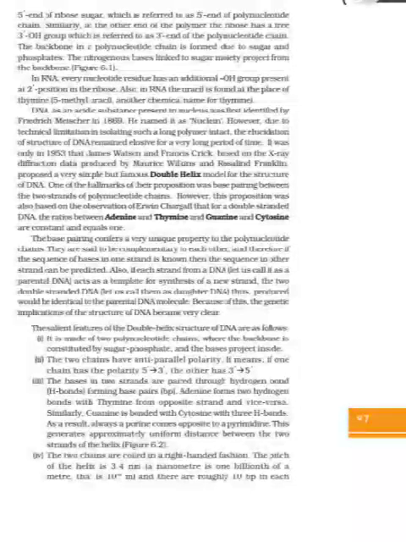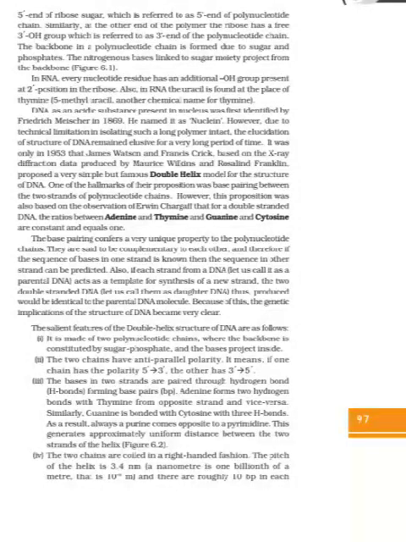A polymer thus formed has at one end a free phosphate moiety at the 5' end of the sugar, which is referred to as the 5' end of the polynucleotide chain. Similarly, at the other end of the polymer, the ribose has a free 3'-OH group, which is referred to as the 3' end of the polynucleotide chain. The backbone in a polynucleotide chain is formed due to sugar and phosphates.